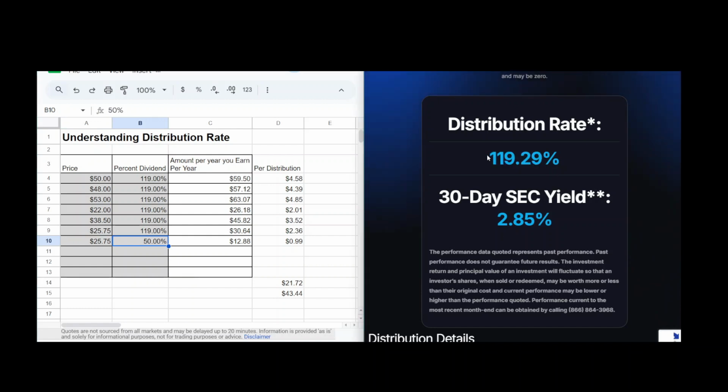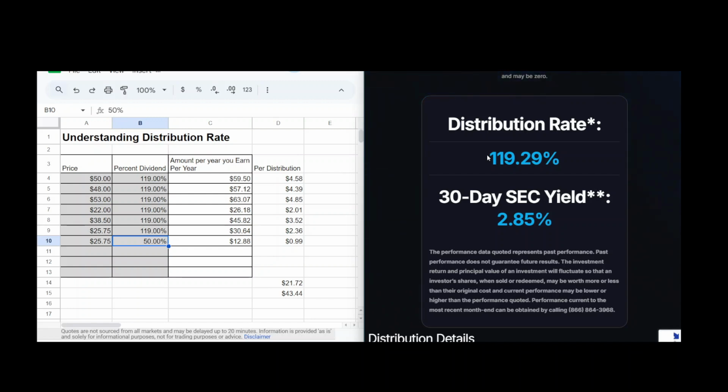And that distribution rate, as we know, if you check out the website, you'll notice it does change, and it changes daily because the price is changing, therefore the distribution rate changes. So I hope that helps you better understand a little bit more about that distribution rate.